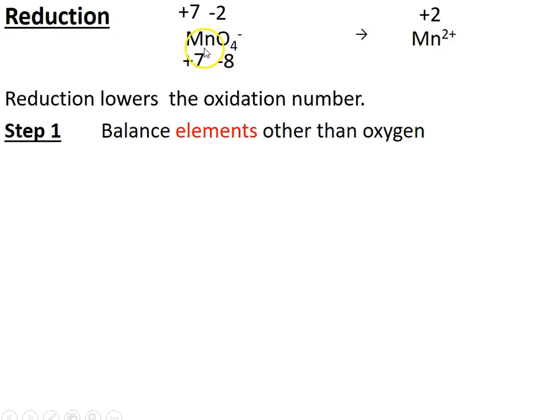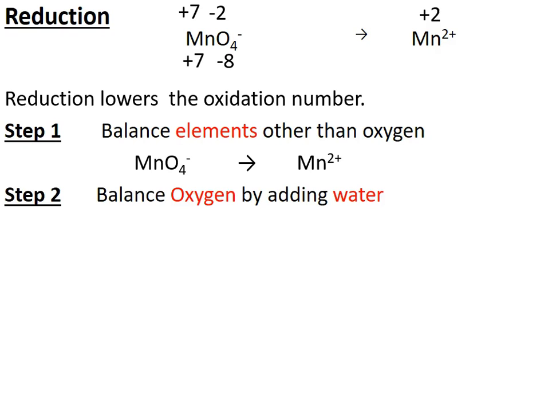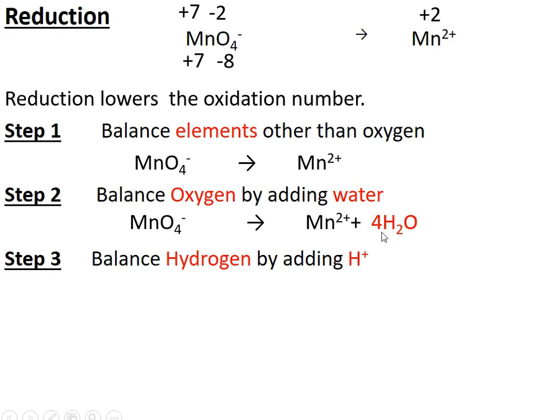First thing you need to do is everything other than the oxygen. So you've got 1 manganese, so there's 1 manganese on both sides. The oxygen, you've got 4 here, so you're going to need to add 4 water molecules to balance the oxygen. Because you've done that, you've added hydrogen, so you're going to need to add 8, 4 lots of 2, 8 hydrogens to this side.